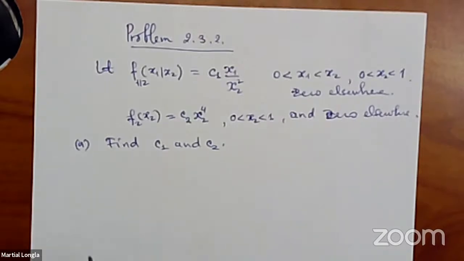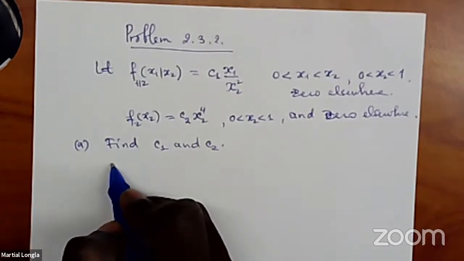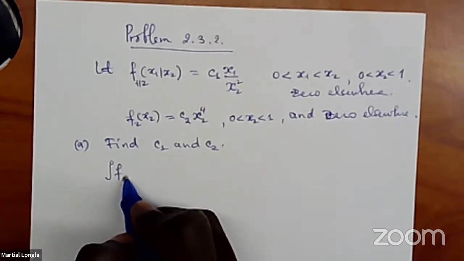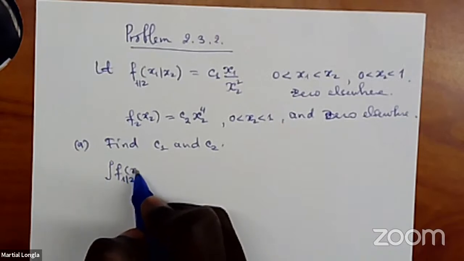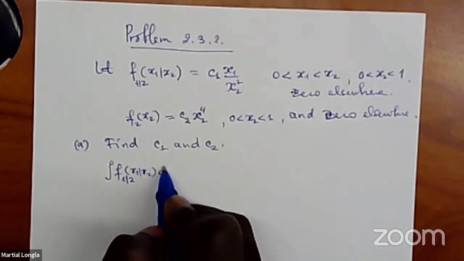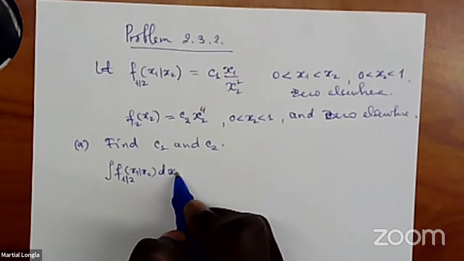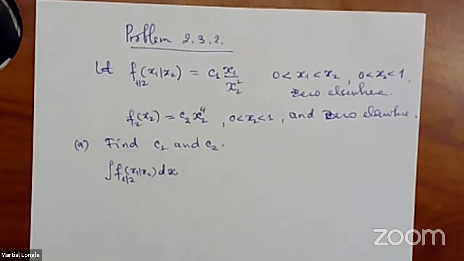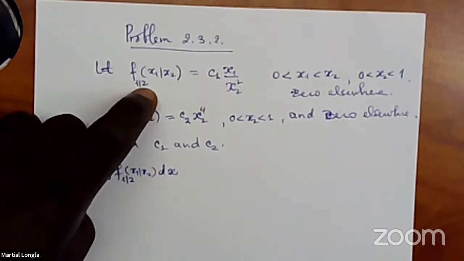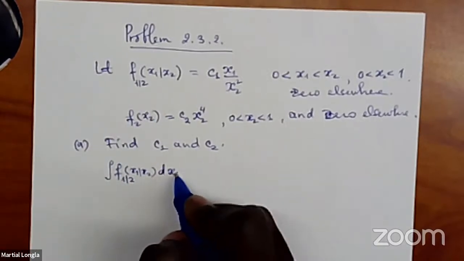c1 and c2. So the integral of f of x1 given x2 dx, what x do we need to integrate with respect to? x1, because x2 is given. That's what is under the bar, so it's dx1.